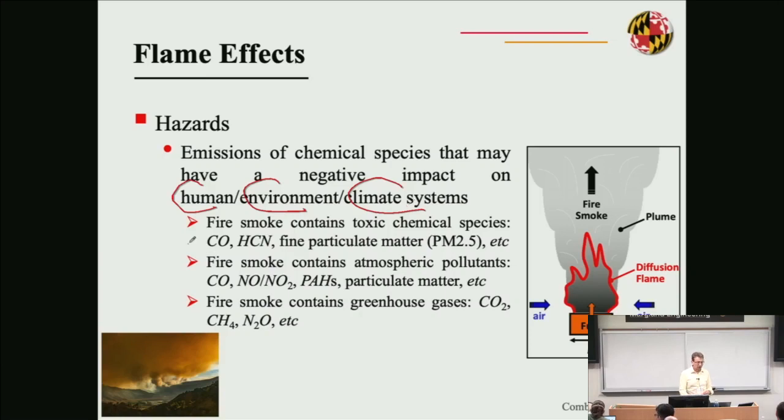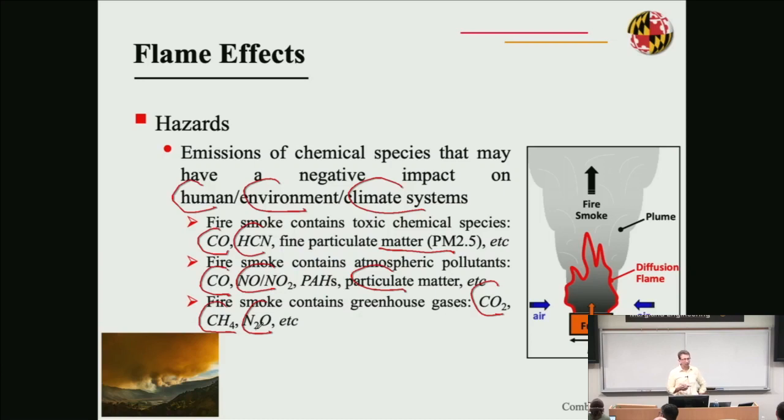So typically, if you are an atmospheric scientist and an atmospheric chemist, you would pay attention to carbon monoxide, hydrogen cyanide as toxic species or fine soot particles in terms of adverse effects on human health. You would pay attention to carbon monoxide, nitrogen oxides, and particulate matter as well in terms of air quality. And you would pay attention to CO2, methane, and nitrous oxide in terms of greenhouse gases.